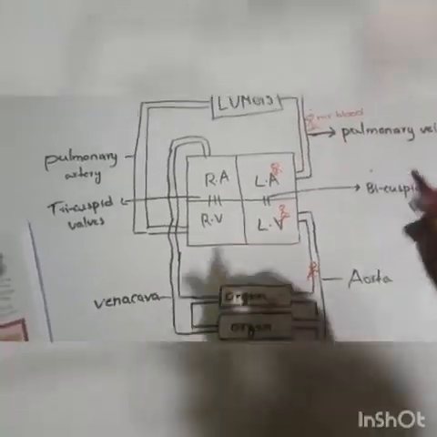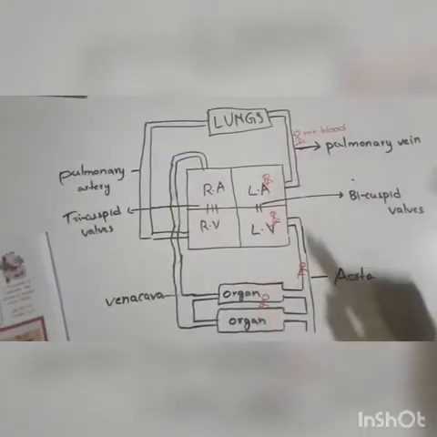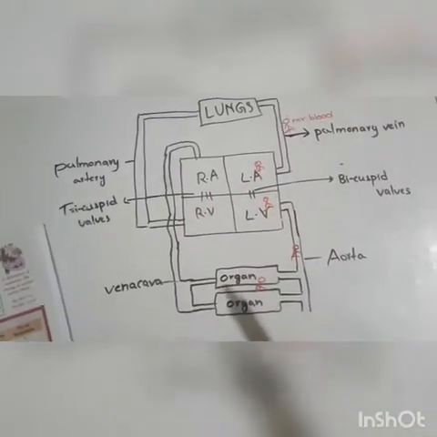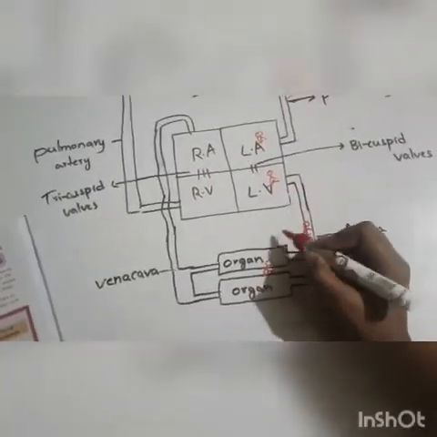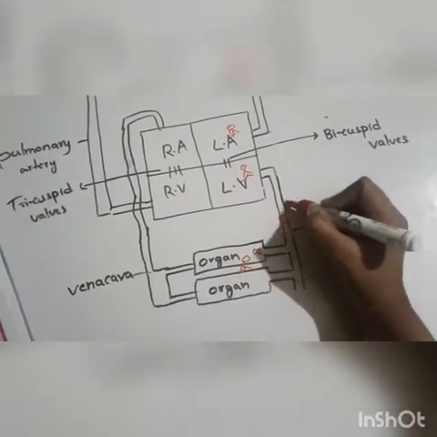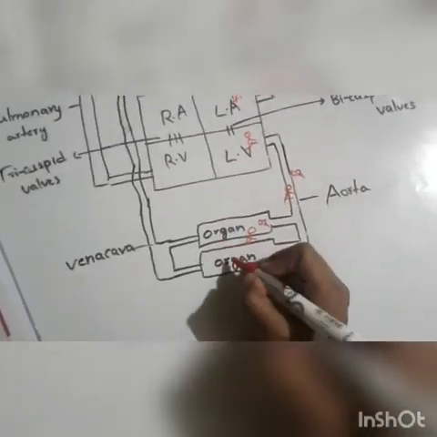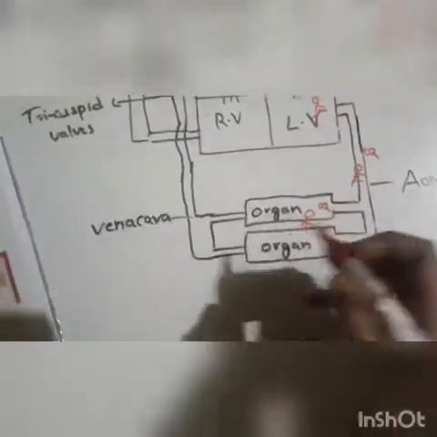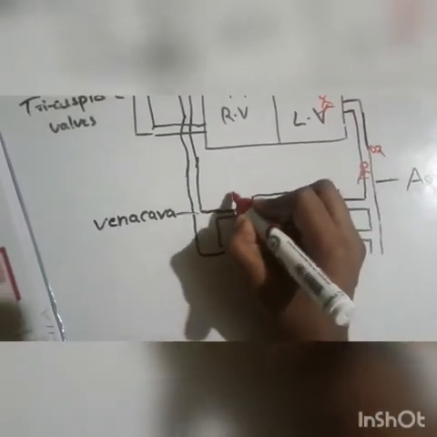And what happens is, here we know that it has oxygenated blood, so it has oxygen in it, guys, and the organs absorb this oxygen and release deoxygenated blood.